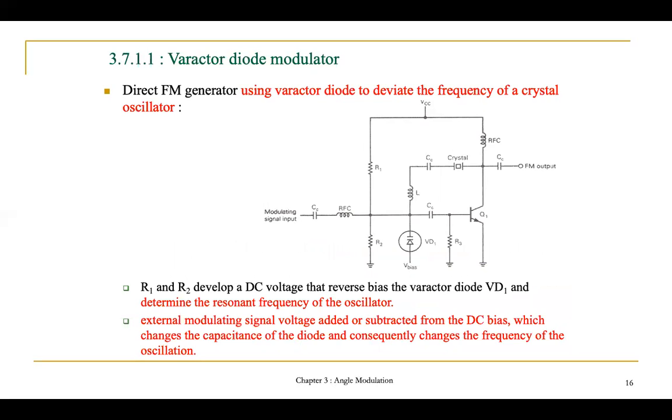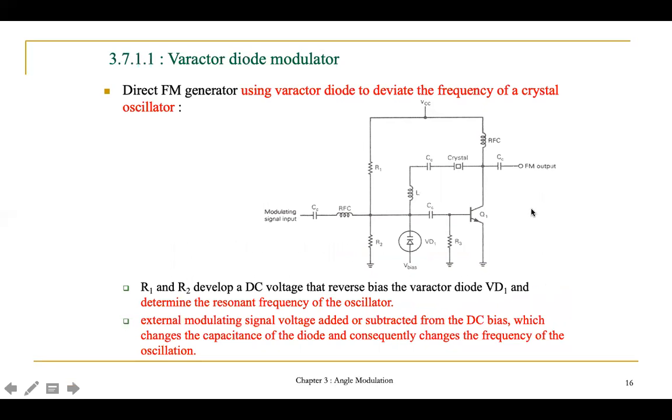Okay, so basically for direct FM modulator, we have several types, and the first one is the varactor diode modulator. So this is the circuit for the varactor diode modulator.